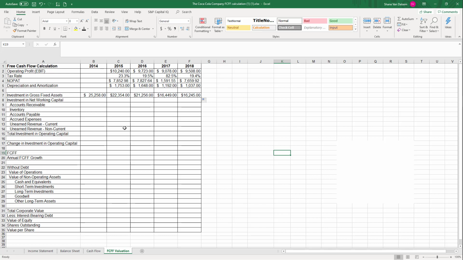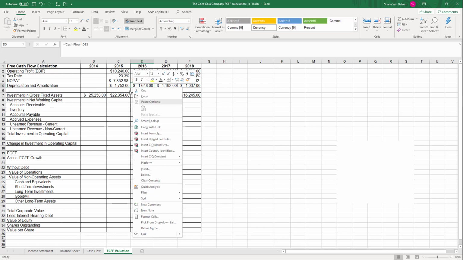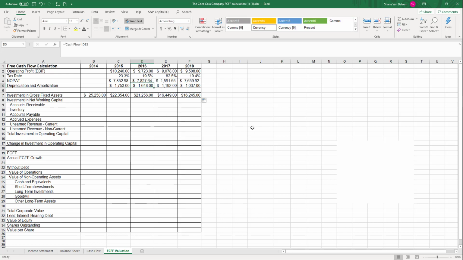One thing to notice is that we did add back depreciation and amortization here. If we were using net fixed assets in this case, we would not do that. We would not add back depreciation and amortization. But because we're using gross fixed assets instead of net fixed assets, we do want to add that back in, or we would be using that depreciation twice. We do want to add that back in.